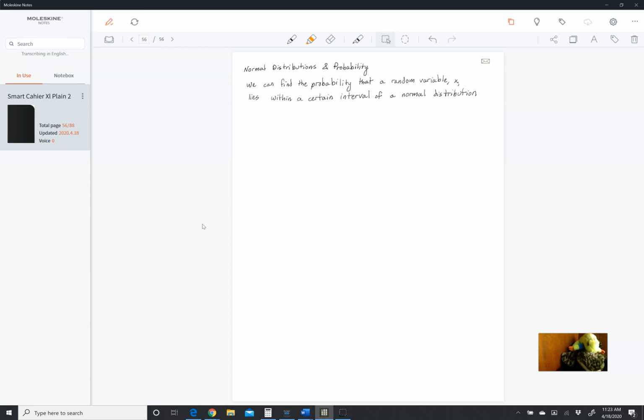Okay, so we talked about the normal distribution. We said that this is the mean. And when we talk about probabilities, what we're really talking about is what is the probability that something falls into a certain area of this curve.